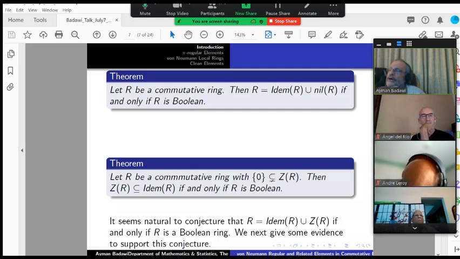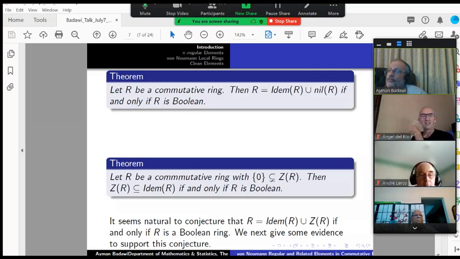So if your element is either idempotent or nilpotent, then the ring has to be a Boolean ring. And of course, you get a result similar to the one before. If you have a ring that is not an integral domain, then the zero divisors of the ring are a subset of the idempotents if and only if R is Boolean.